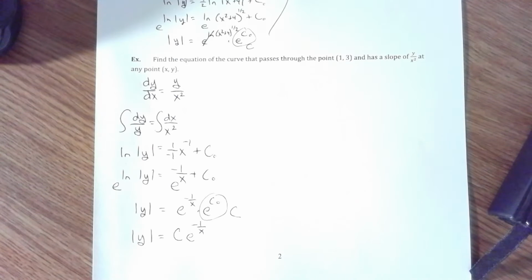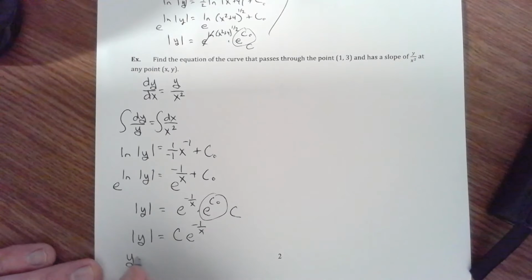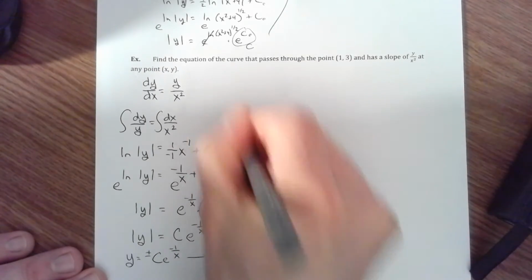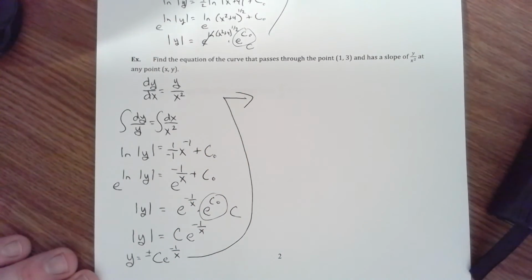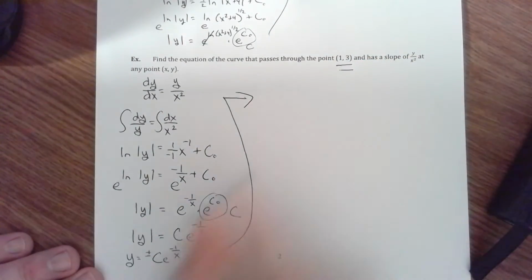So then when we rewrite this, we can think of it as y is equal to plus or minus c e to the negative 1 over x. Okay. So moving on, I'm going to take this point (1, 3) and substitute it in for x and y.